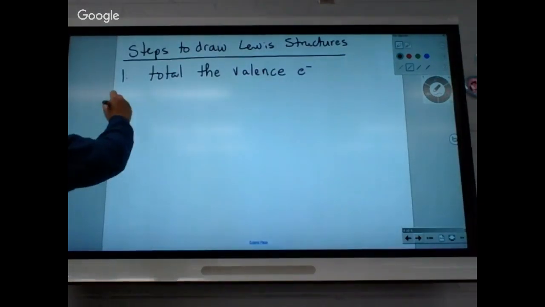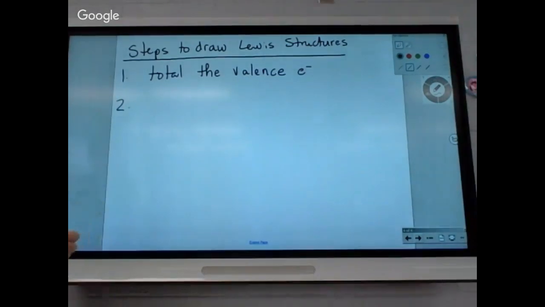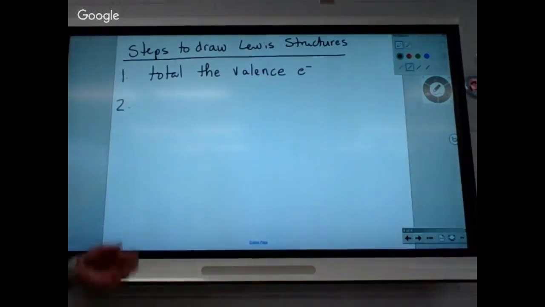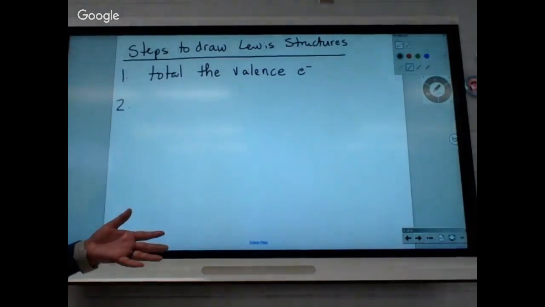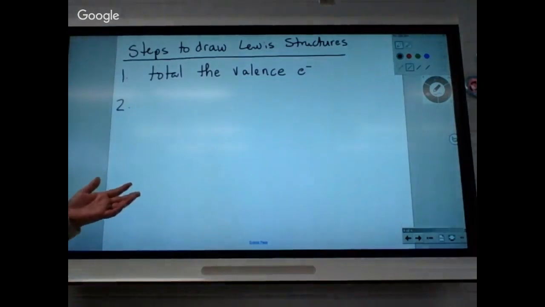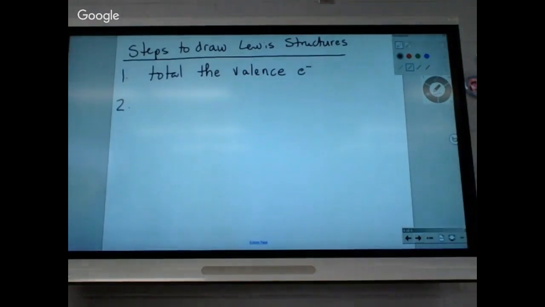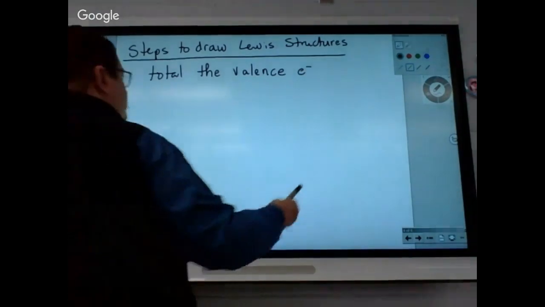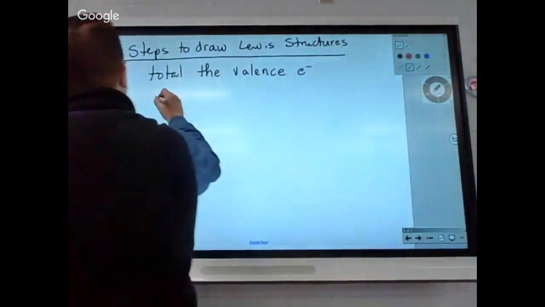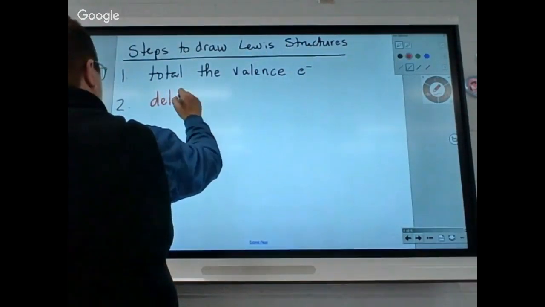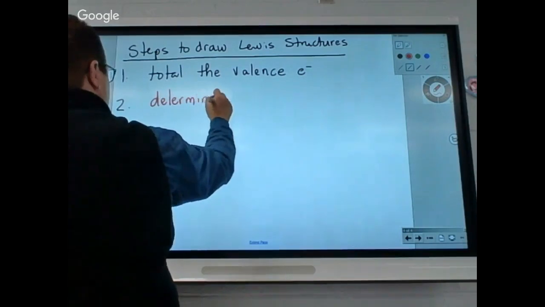For some odd reason I call them outer shells when I teach the periodic table, and I call them valence electrons when I teach bonding. All right, number 2, determine the central atom.